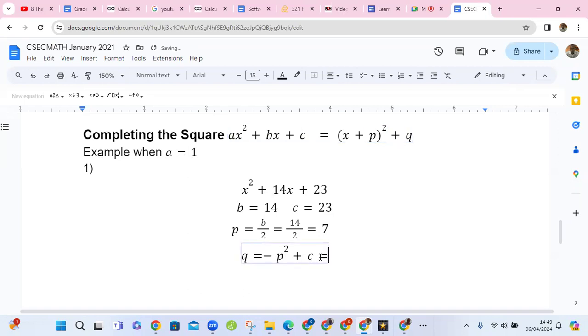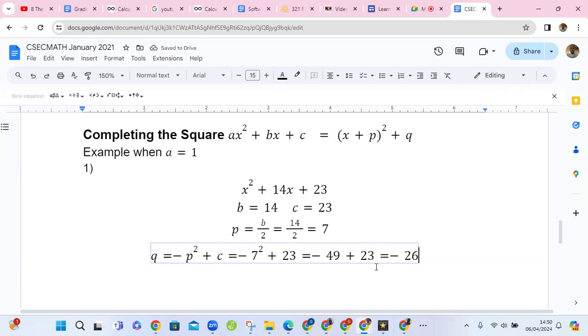So therefore q is minus p squared plus c. That will be minus 7 squared plus 23. That's equal to minus 49 plus 23. And we're taking 49 from 23. That will give us negative 26.